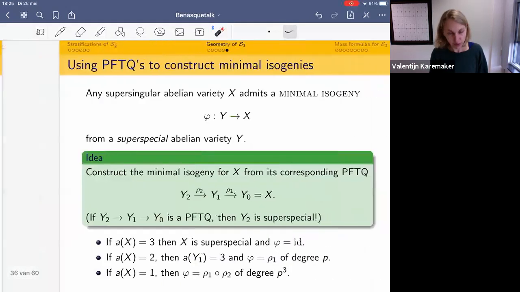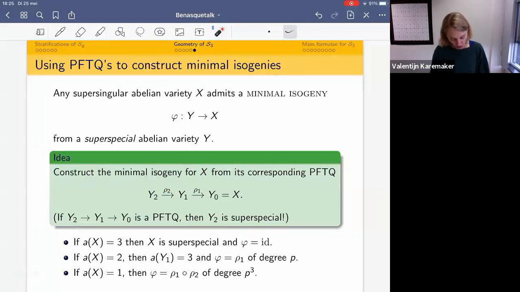So again, I'm going to separate a few cases based on the a-number. If the a-number is 3, then we know X is already superspecial. And so, of course, the minimal isogeny would just be the identity, because that's the minimal map. If the a-number is 2, then you can show that the a-number of Y1, the one in the middle, is 3.